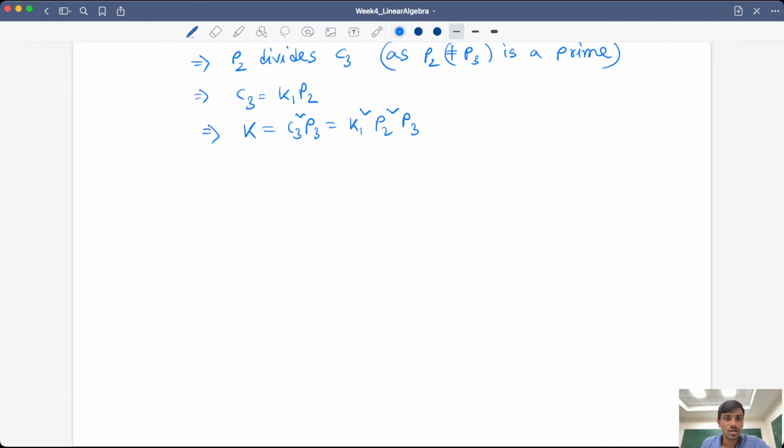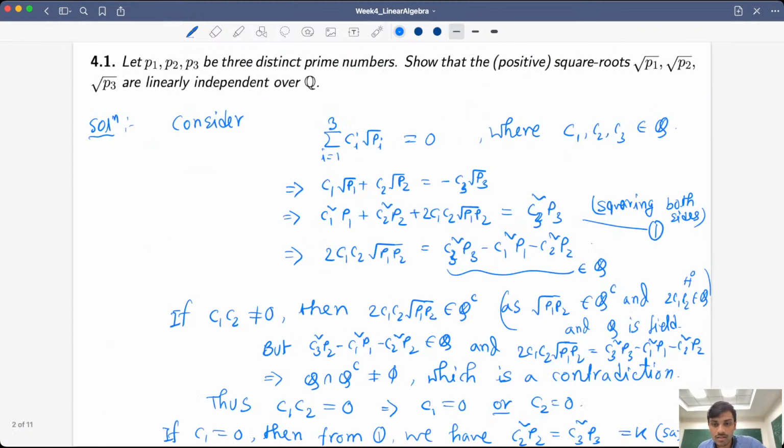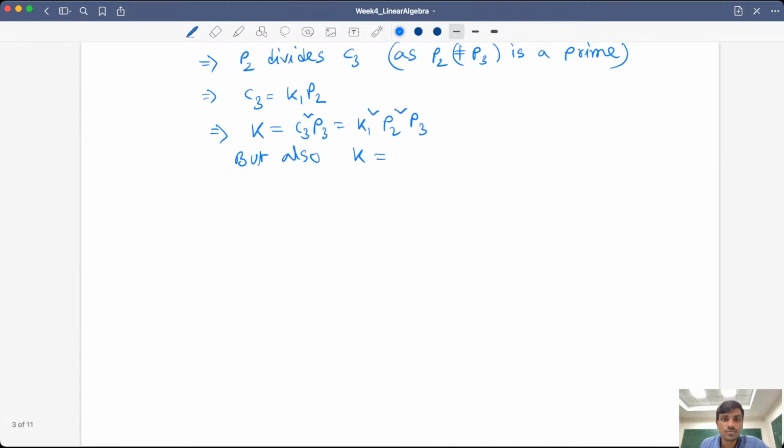But on the other hand, also K equals, I know that it is C2 square P2.